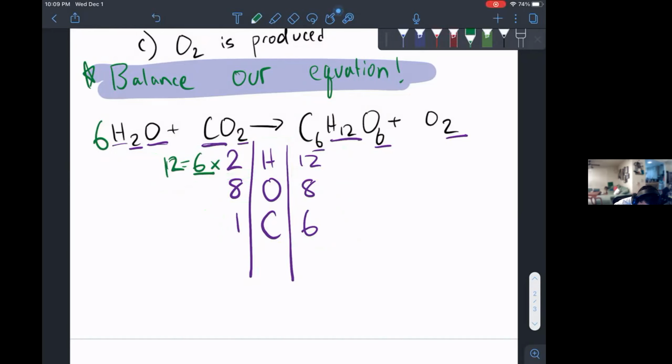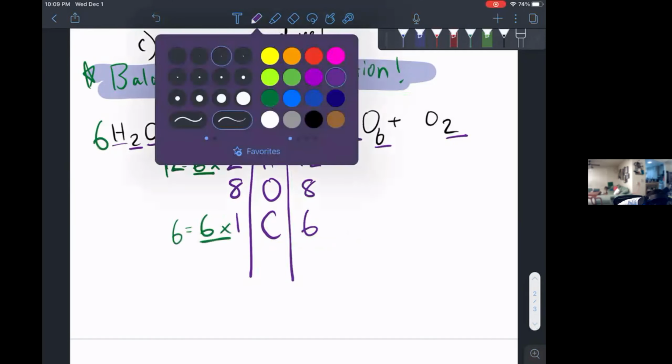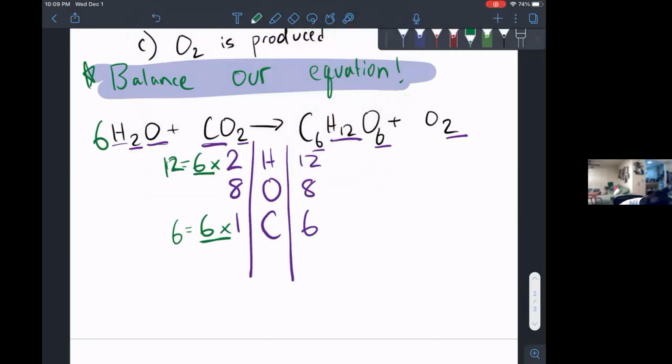And I see, just like with hydrogen, I can multiply our left side by 6 and that's going to give me 6, which is balanced. So I'm going to go ahead and take what I multiplied by and move that right in front of the thing that has, oh, sorry, I'm going to be using green, the thing that has carbon.